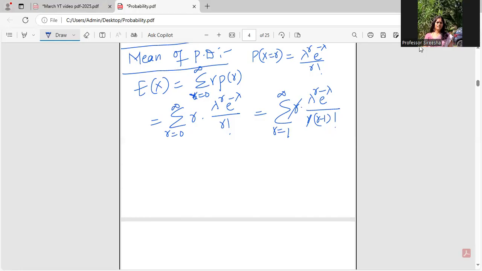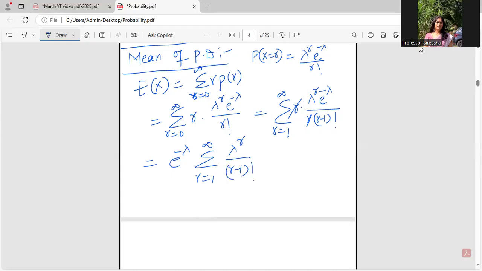What we will do is, lambda e power minus lambda is a constant, right? E power minus lambda is a constant. I have the summation R is equal to 1 to infinity lambda power R by R minus 1 factorial.